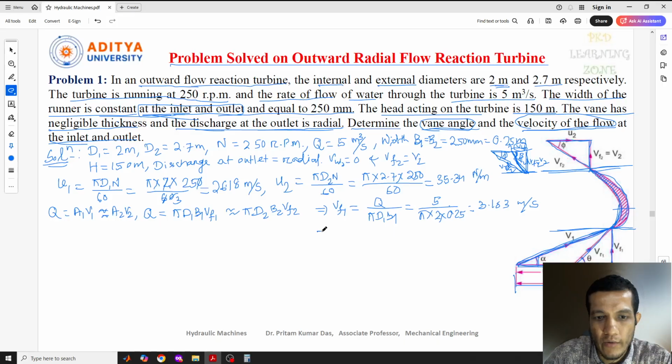Similarly, we can calculate the VF2 also. VF2, same thing. I'll just write here: 5 divided by pi into 2.7 into 0.25. Here also we'll get the answer in a similar way.